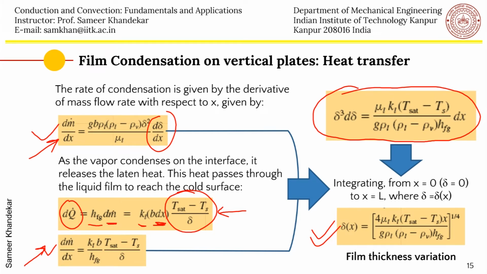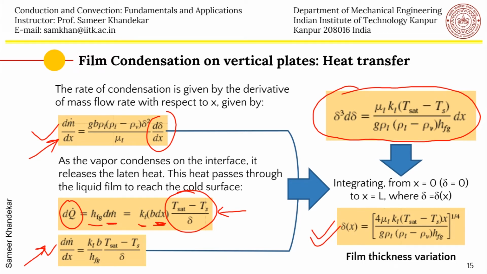Now this velocity and the mass flow rate are in the form of delta, and we do not know delta, so we need one more equation, and that equation is the energy equation, which we have just applied here. Both the energy equation and the continuity equation give you an independent expression of dm dot by dx, which is the rate of condensation. And if you equate the two, you get the governing equation for delta.